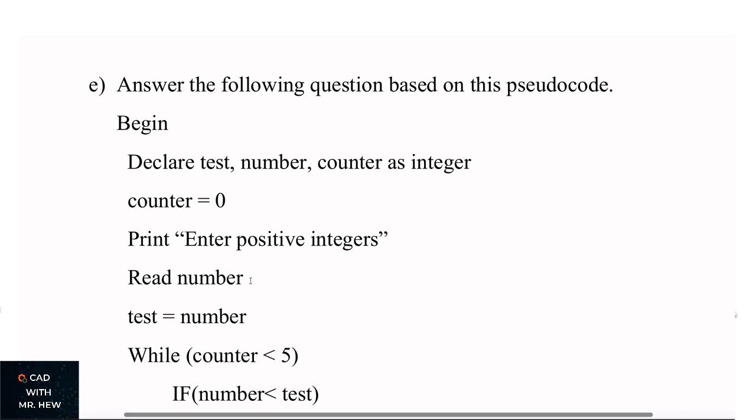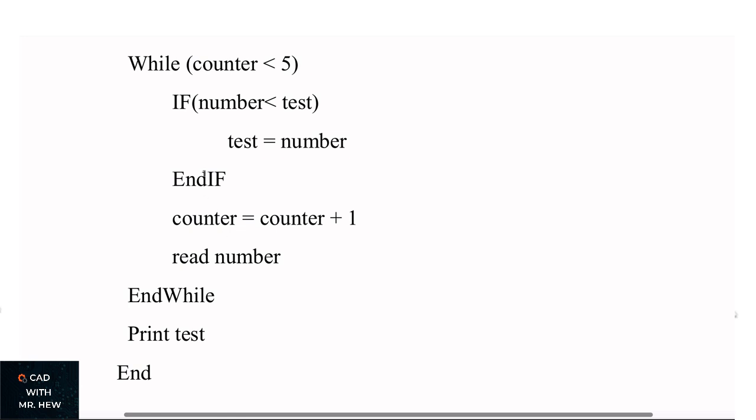Read number, test is equal to number, while counter is less than 5, if number is less than test, test is equal to number, and counter equals counter plus 1. Read number, end while, print test, end.